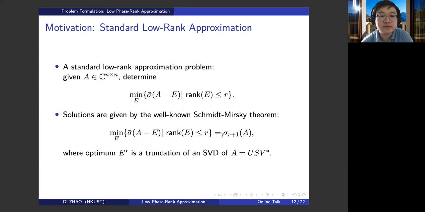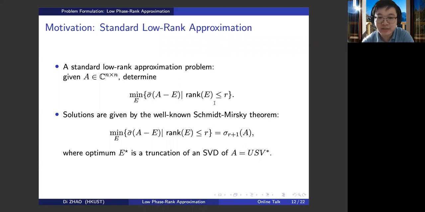Here we are given this matrix A with the objective. This E is a low rank approximation to this matrix A, and we measure their approximation error in this way. This sigma bar is just the largest singular value, or in other words, the spectral norm of this difference of matrices A and E.